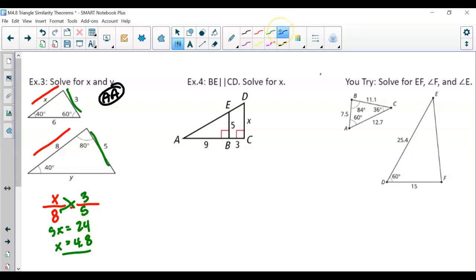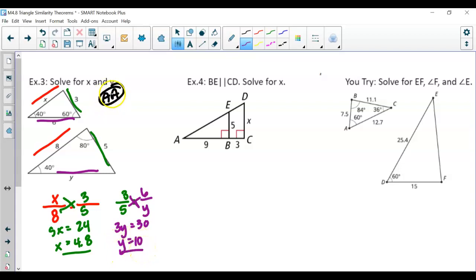So then same thing here now to solving for y. Now you could still use the 3 to 5, right? So 3 to 5 is equal to, that means now here, now I can use 6 to y. So same thing here, cross multiply, right? 3 times y, 3y is equal to 6 times 5, which is 30, and y is equal to 10.